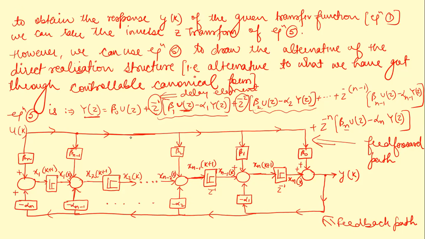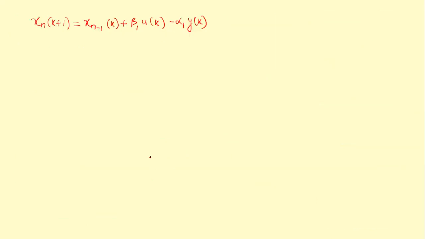So it would be coming from some of the delay elements, right? Because it is not shown, all the delay elements cannot be shown here at one place, so we have taken a break point here, right? So similarly we have xn minus 1 k plus 1, so this would be equal to xn minus 2 k plus beta 2 uk minus alpha 2 yk, right?